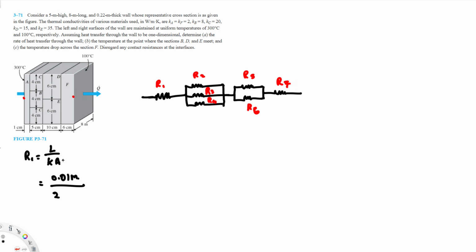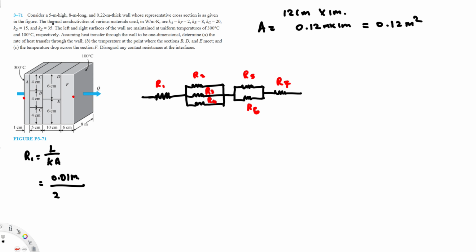And the area here, we are going to use this height, this 12 centimeter height, and we take 1 meter depth. So this is the same as 0.12 meter times 1 meter, and that's going to be equal to 0.12 meters squared. This is going to be the area, right?